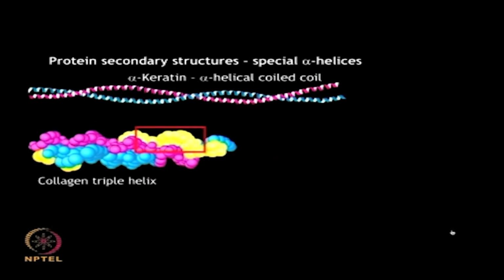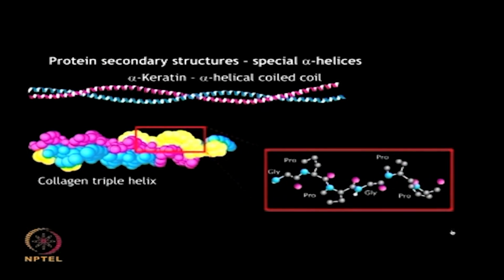Collagen, the fibrous component of skin, muscles, etc., consists of three such coiled alpha helices. It has a characteristic recurring amino acid sequence of glycine, proline, hydroxyproline, with glycine appearing at every third residue.